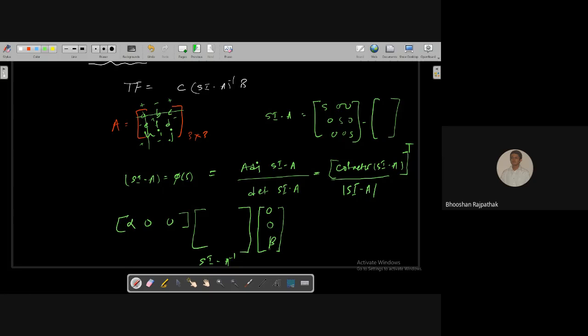So if these are our entries, alpha 0 0 and 0 0 beta, this beta can be here also, 0 beta 0, depending upon the system, but one entry will be non-zero typically, and the remaining entries are 0. Similarly in C, one entry will be non-zero, the remaining entries are 0. Then the trick to save time to get this C sI minus A inverse B very fast is this. Please understand this carefully.